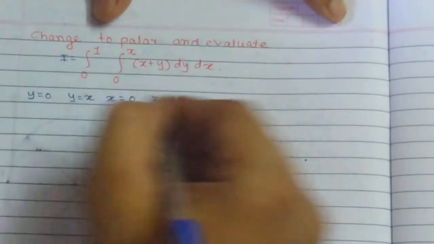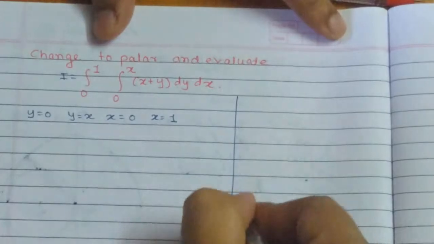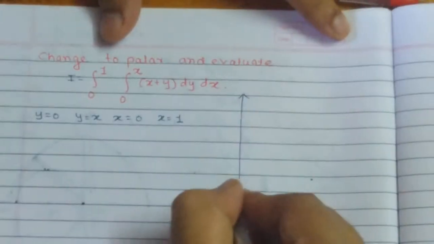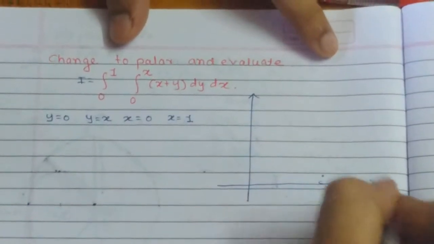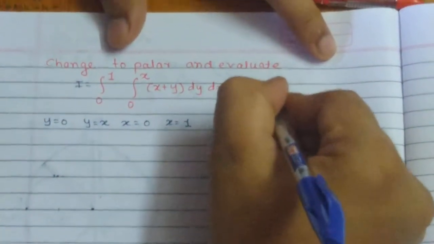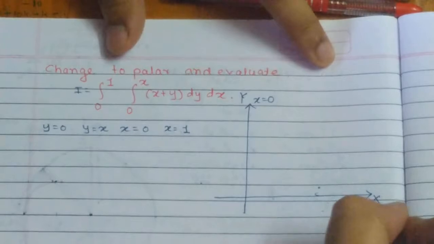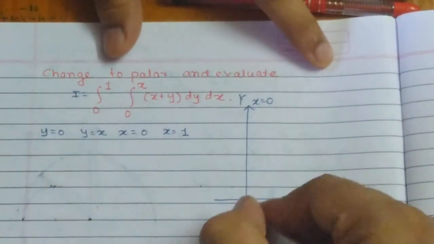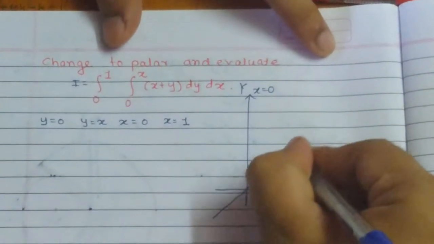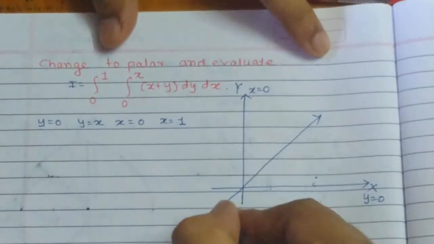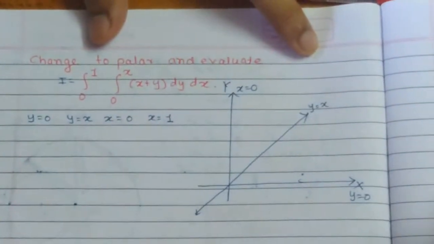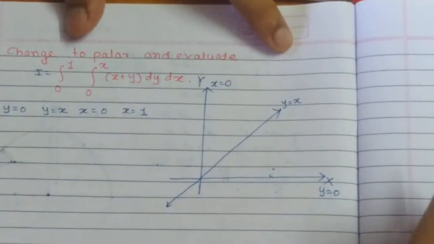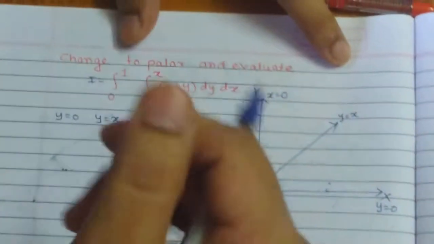Now, first of all, we draw the region of integration. y equal to 0 and x is equal to 0 are nothing but our axes. Next, y is equal to x is a straight line which passes through the origin and through points like (1, 1), (minus 1, 1), (minus 2, 2), (2, 2), (2, 4) and so on.